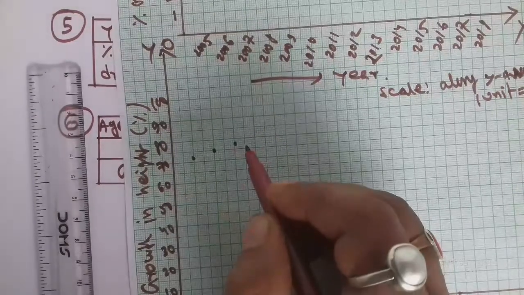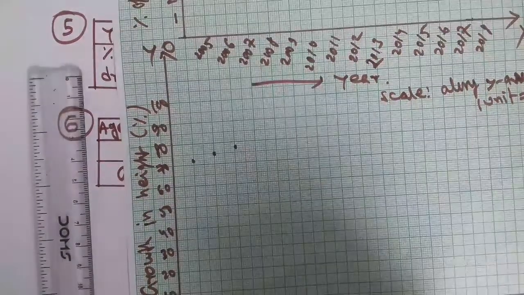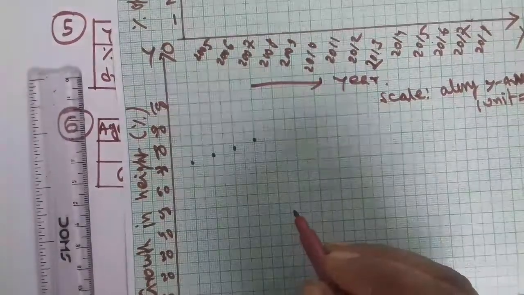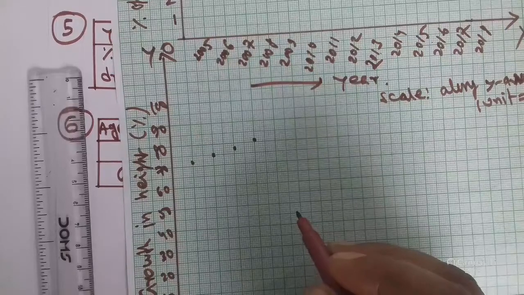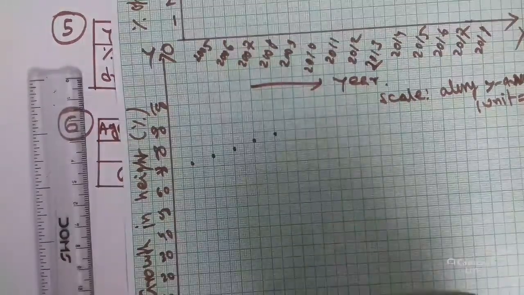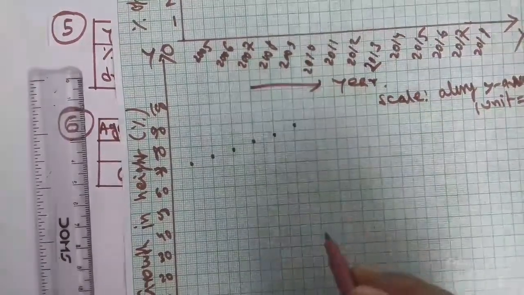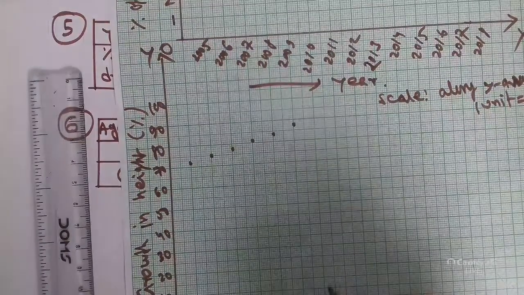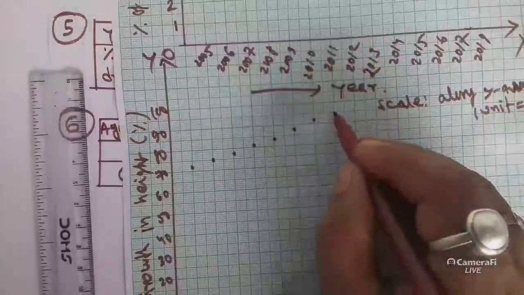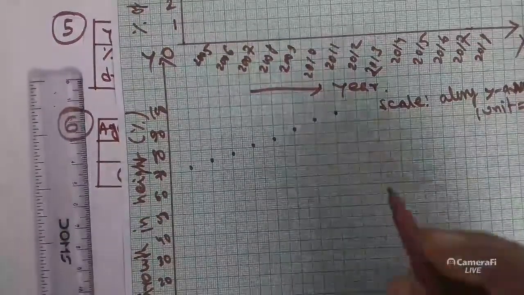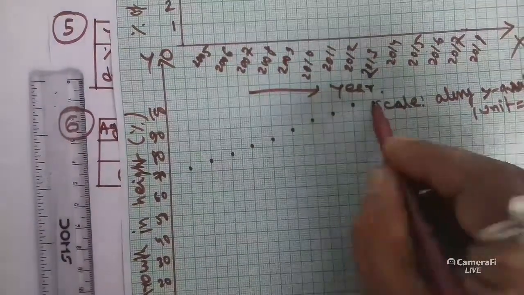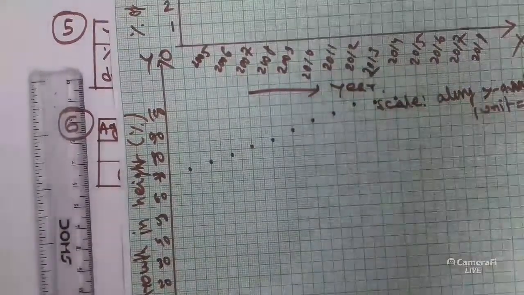This one is 75. Then 78% at the age of 10. This one is 78. Then at the age of 11 it is 81%. So this one is 81. Then for 12 it is 84%. This one is 84. For 13 88%. For 14 92%. For 15 95%. For 16 98%. For 17 99% and for 18 100%.